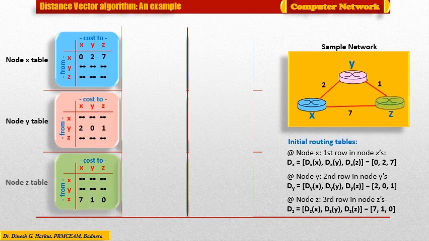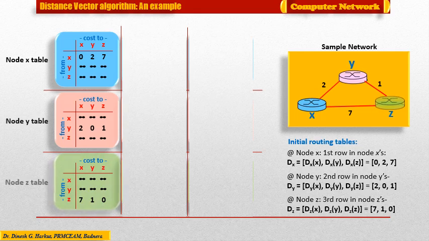Specifically, each node's routing table includes its own distance vector and that of each of its neighbors. Since there are 3 nodes, in this case for node X, the first row is the distance vector for itself, and these 2 rows are the distance vectors for node Y and node Z.